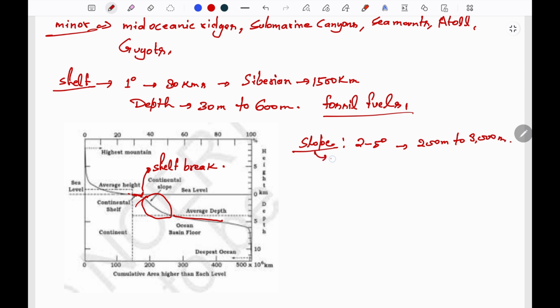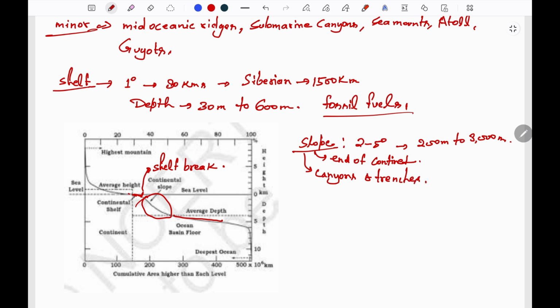It indicates the end of the continent. Sometimes canyons and trenches are also observed here.